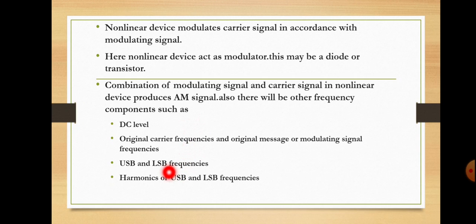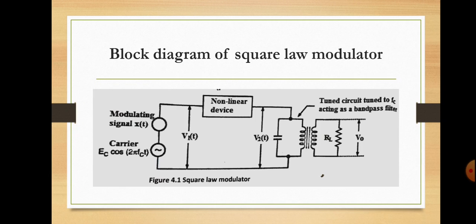So at the output of the nonlinear device we have to filter all these unwanted components. That is why we are using a band pass filter at the output. You can see here that there is a tank circuit which acts as a band pass filter. That means the required frequencies will be passed to the output and others will be cancelled. Band pass filter means it allows the flow of a particular band of frequencies.